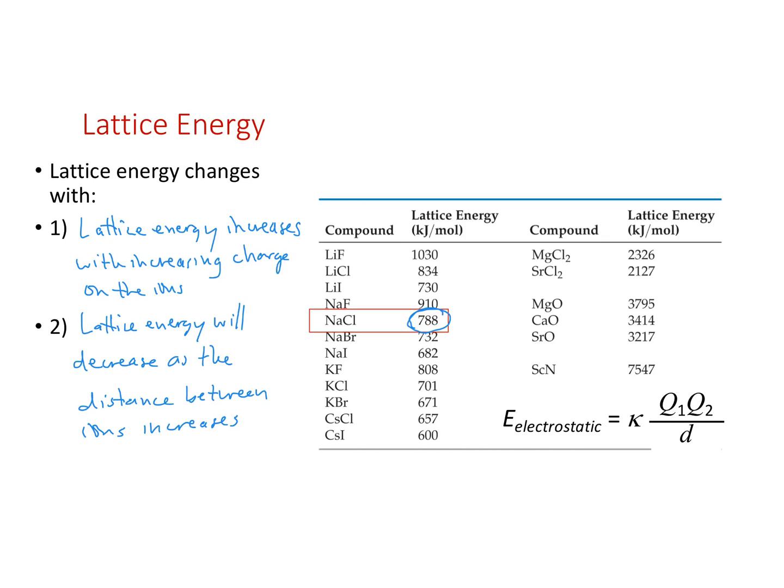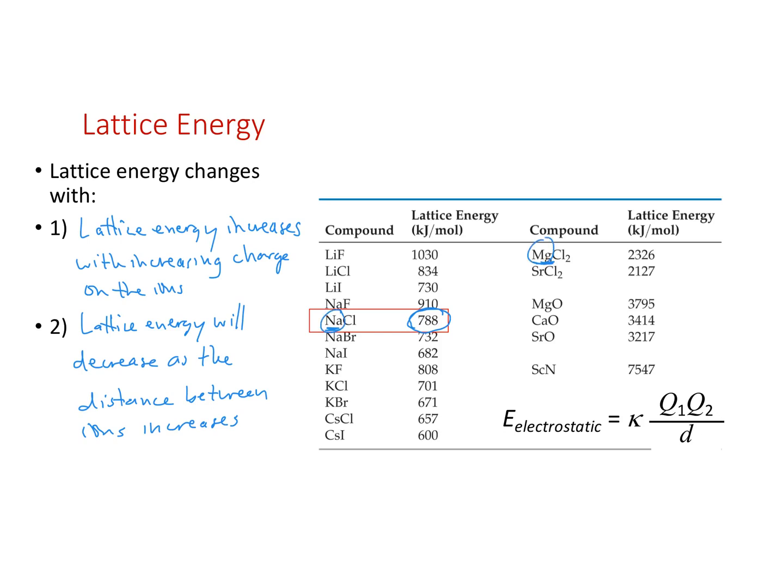If we go from sodium chloride, which is +1, to magnesium chloride, which is +2, we go from 700 kilojoules per mole to 2300 kilojoules per mole. We see a large increase in energy. The only thing that was different was that sodium is +1 and magnesium is +2.